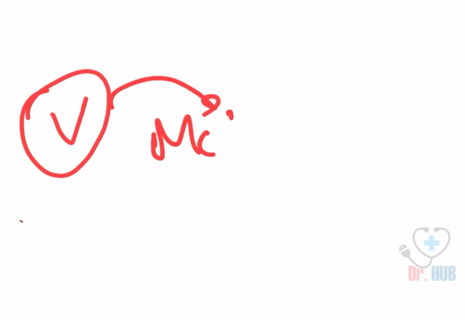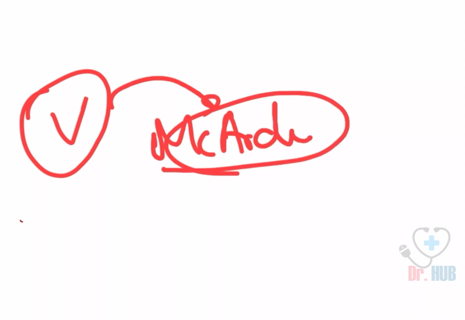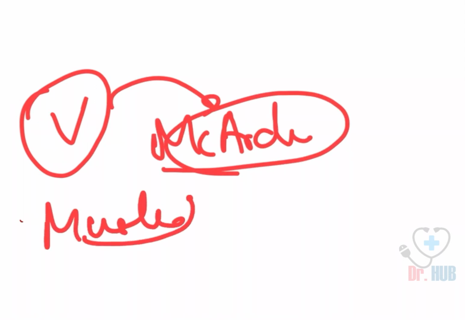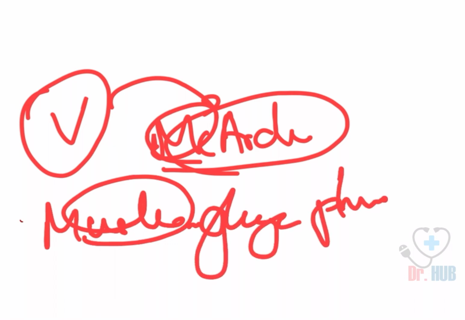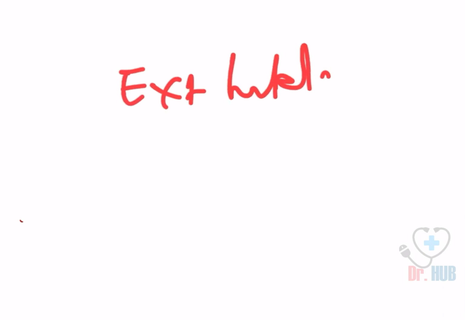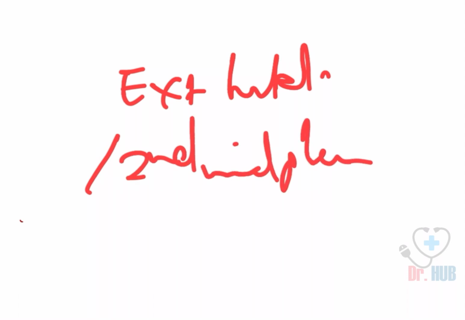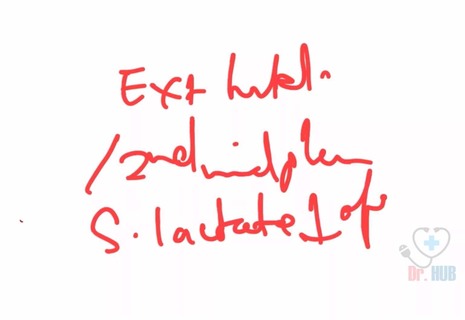Then we look at the type 5, that is McArdle's disease. So here the muscle is involved, MM. So the muscle glycogen phosphorylase, and the clinical features being there is exercise intolerance, there is a second wind phenomenon, and the serum lactate decreases, and this is after the exercise.